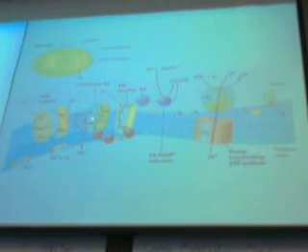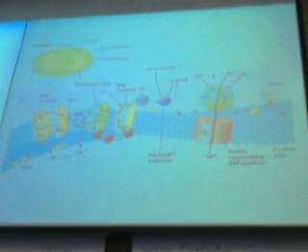Meanwhile, the Q cycle, for every 4 electrons that go through the system here, 8 protons are pumped from the outside to the inside, the lumen of the thylakoid membrane. So that adds up to 12 protons. So for every 4 electrons that go through the system, we have a total of 12 protons pumped from the outside to the inside of the thylakoid.